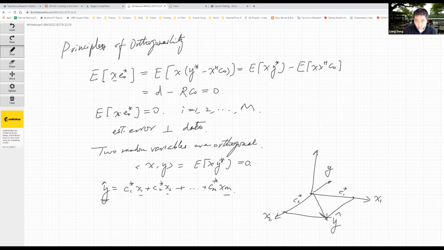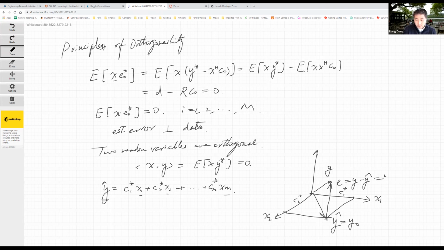What is the error? Well, the error is between this and this. This is the error vector. That's E equals y subtract y hat. Now that makes sense because y hat, using the minimum mean square error estimator, is equal to y0.